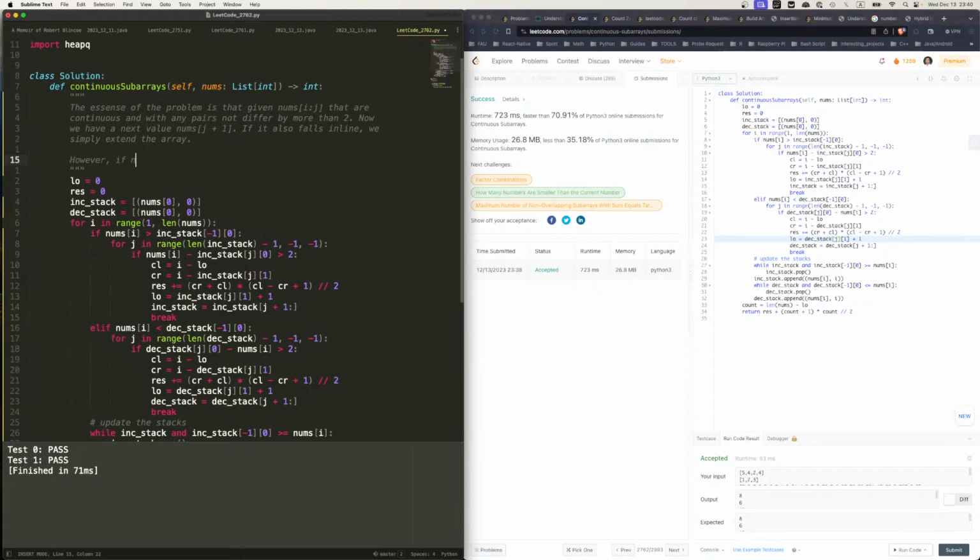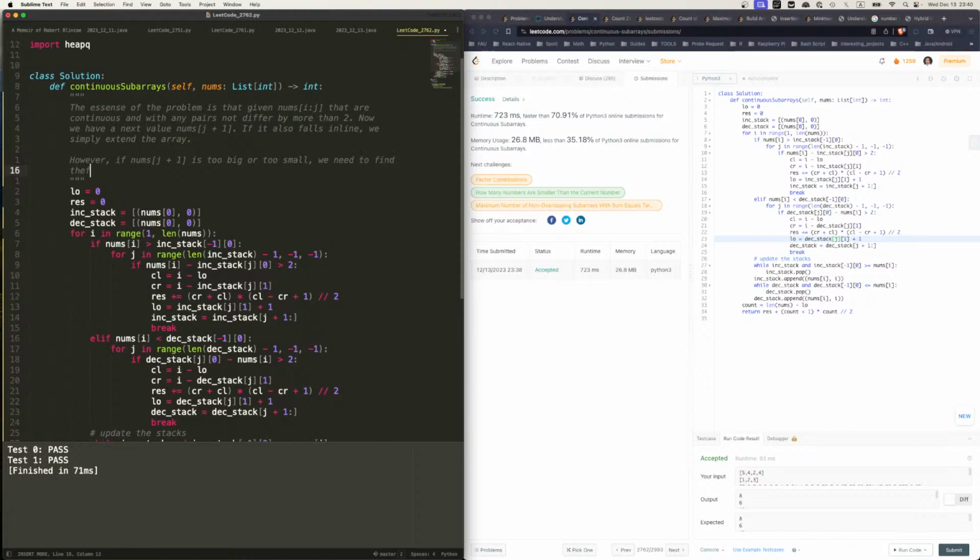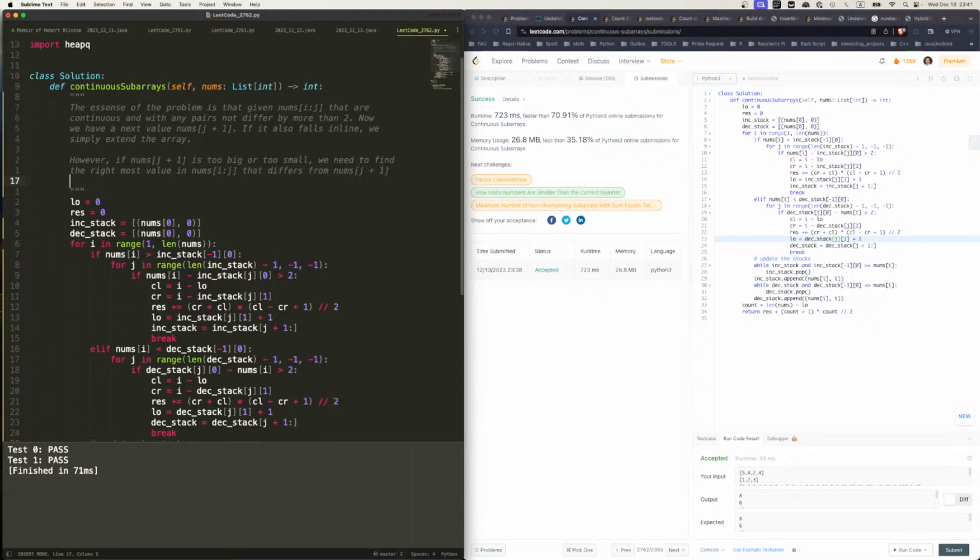However, if nums j plus 1 is too big or too small, we need to find the rightmost value in nums i to j that differ from nums j plus 1 by more than 2.